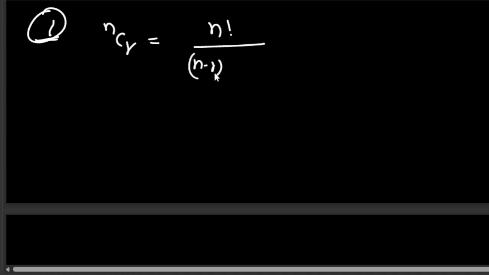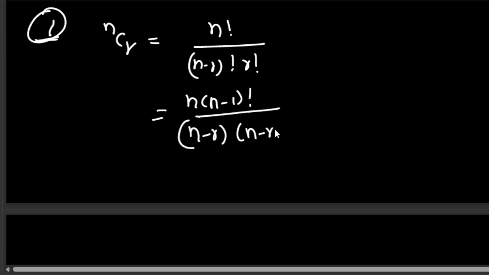In the first approach, if you observe nCr, it is n factorial by (n minus r) factorial into r factorial. I can write n as n into (n minus 1) factorial, n minus r as (n minus r) into (n minus r minus 1) factorial, and r as r into (r minus 1) factorial.